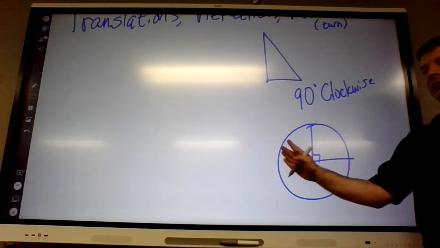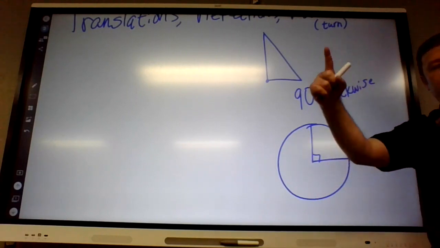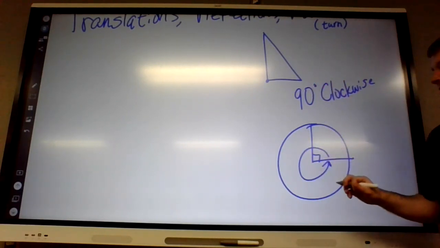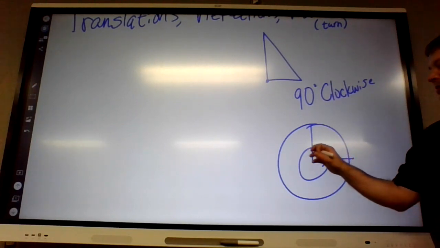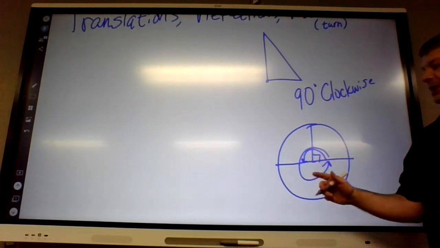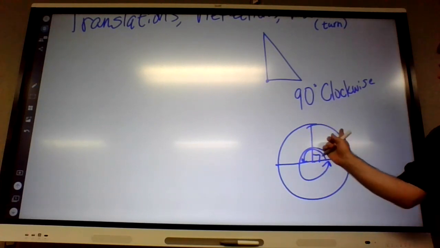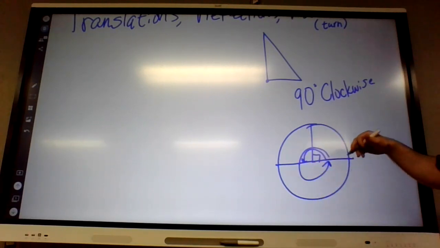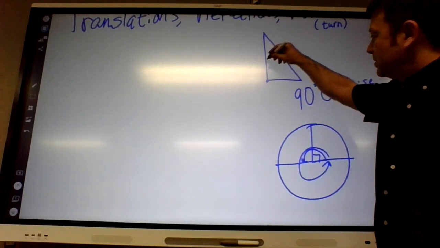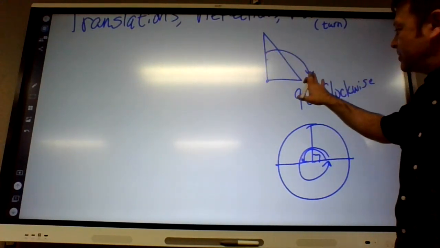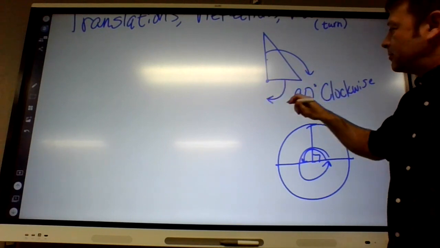A full rotation is 360 degrees, and half a rotation would be 180 degrees. So 90 degrees is only 1/4 of a rotation, so it would move this line down here and this line over here.